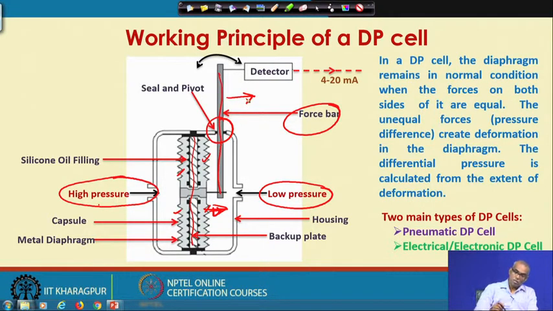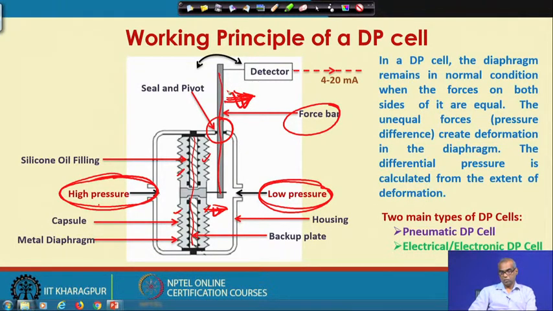So, the displacement of this force bar will be considered as a measure of this difference between these two pressures, because the difference between high pressure and low pressure will cause a deflection in this diaphragm, and that deflection will cause a displacement to this force bar.